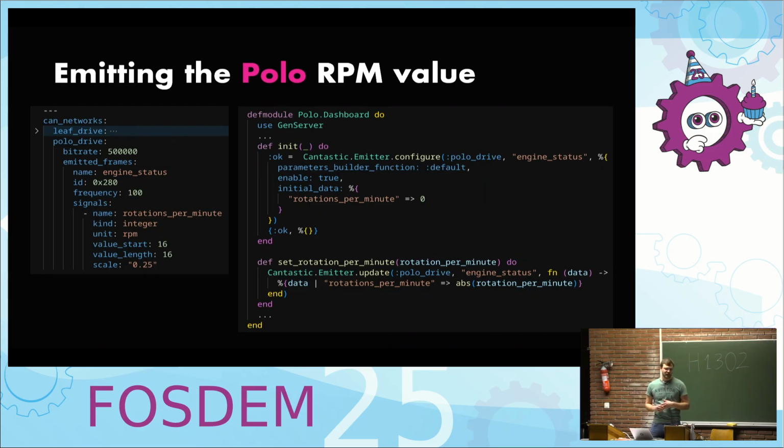Of course, VW didn't expect the diesel engine to run backwards, so we use the absolute function call to only send positive values. And the good thing is that this call will be called every 10 milliseconds because that's the frequency of the Leaf frame, but the emitter will only send it every 100 milliseconds as expected by the dashboard.